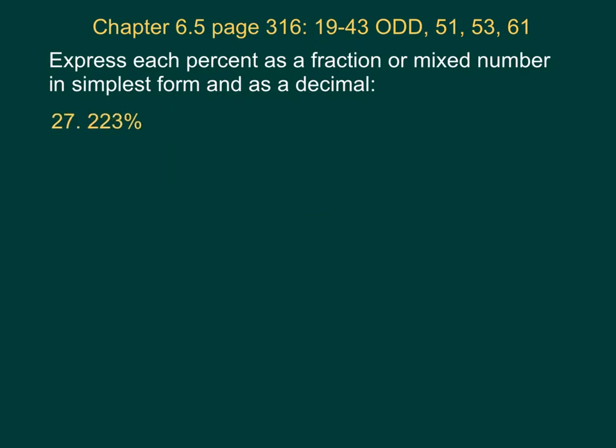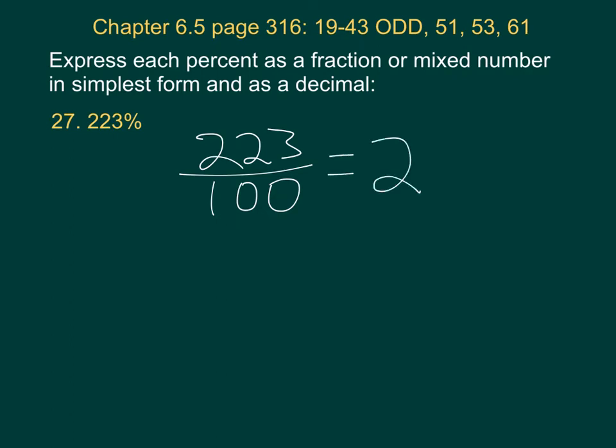With question 27, again, there's not much I can do with this. 223 over 100 is the simplest form. If I want to write it as a mixed number, that's the same thing as 2 and 23 over 100. 23 is a prime number. There's nothing I can do with that.